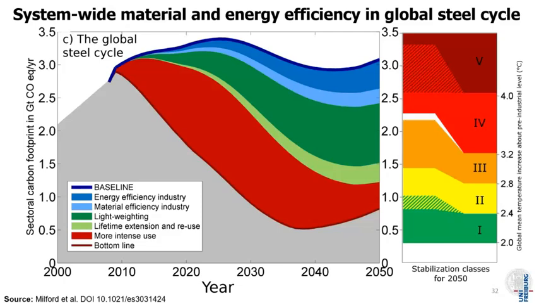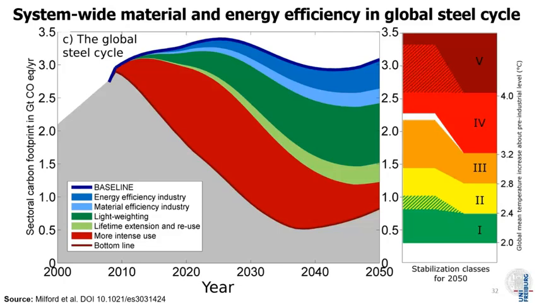There needs to be more material efficiency in the industry, for example, by reusing trimmings of car manufacturing instead of remelting them. We need lightweighting of products to use less steel to reduce emissions substantially. That means smaller cars, more intelligent building design, for example. We also need longer-lived products, and most importantly, we need more intense use of products.